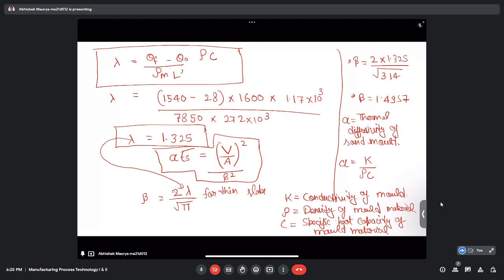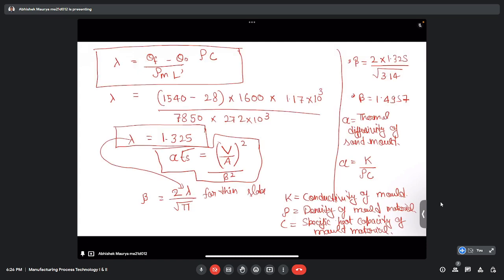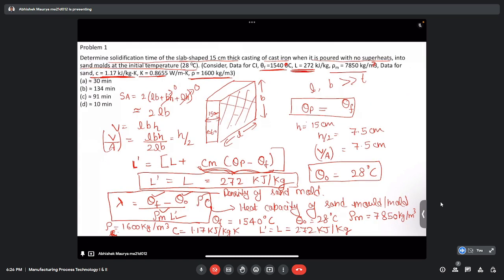Now we will try to calculate alpha. Alpha is equal to k by rho c. If we substitute the values, k, if you find in the problem, is given as 0.8655.